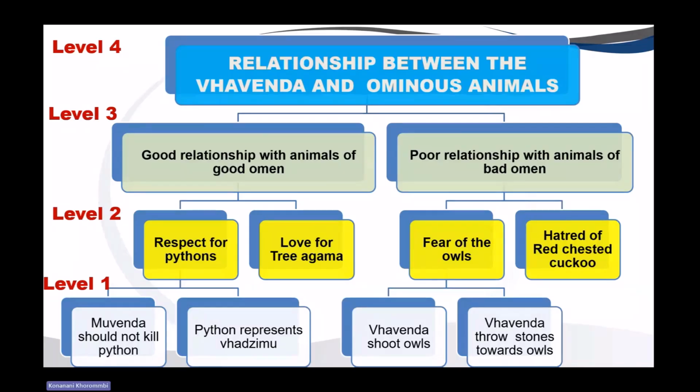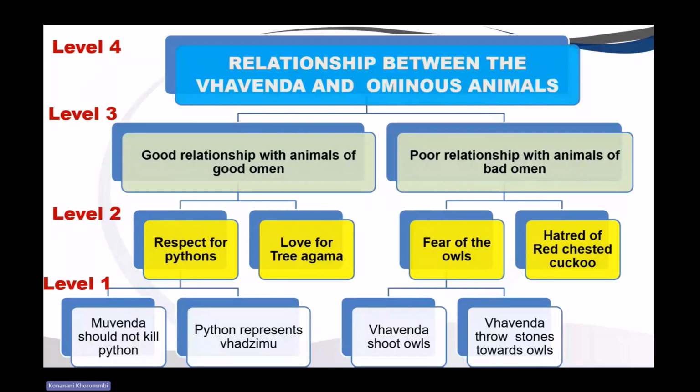Look at what happens. Level number 1, I say, Muvenda should not kill Python. And again, level number 1, Python represents Wazimu. Let me go to level number 2. Level number 2, I say, the respect for Pythons. That is my label, that is a theme, a heading. So under the heading of respect for Pythons, the reason is that Pythons are known to represent Wazimu.